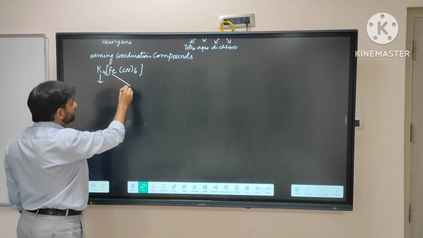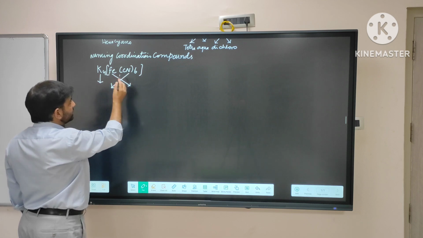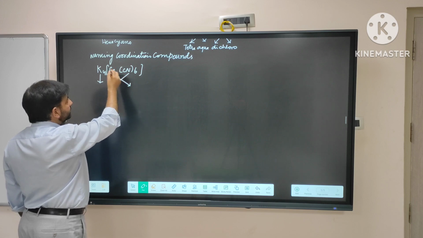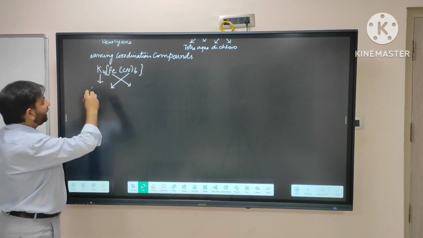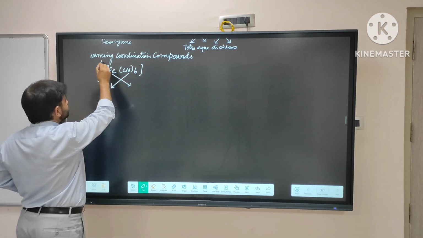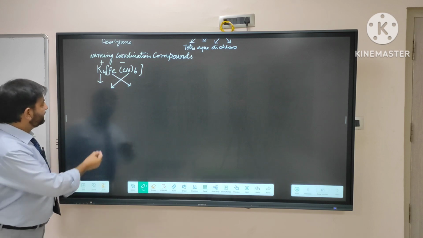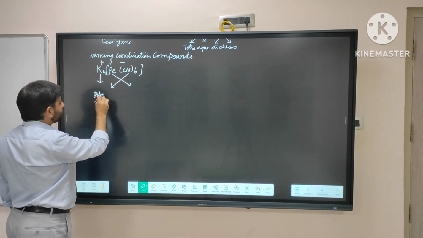Here in the coordination sphere, we change their position. Suppose this ligand will come here and this Fe will come here. One thing I have already told you, that the first part should be the positive, the second part you will give the negative sign. Now this is the first part, I will write potassium.